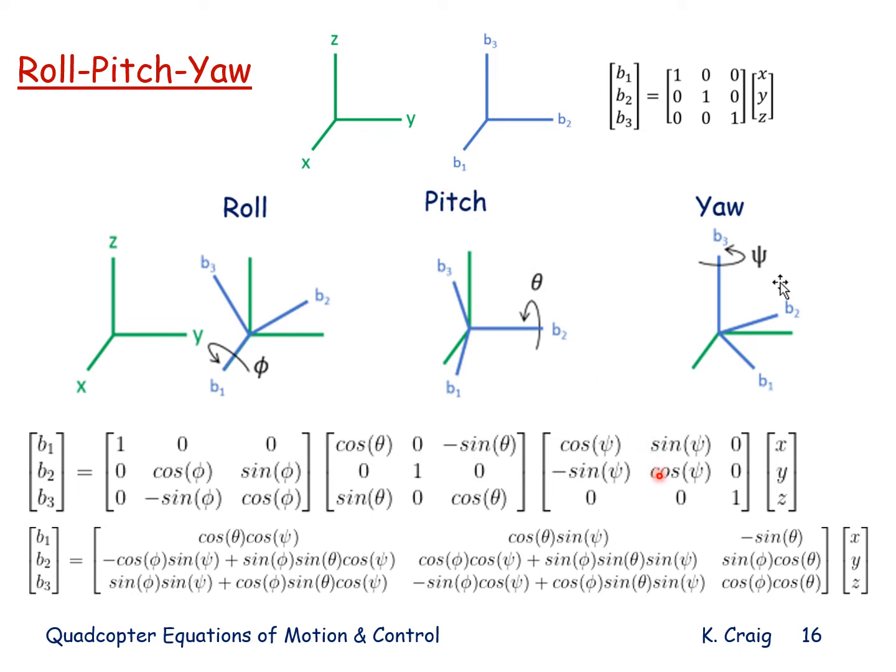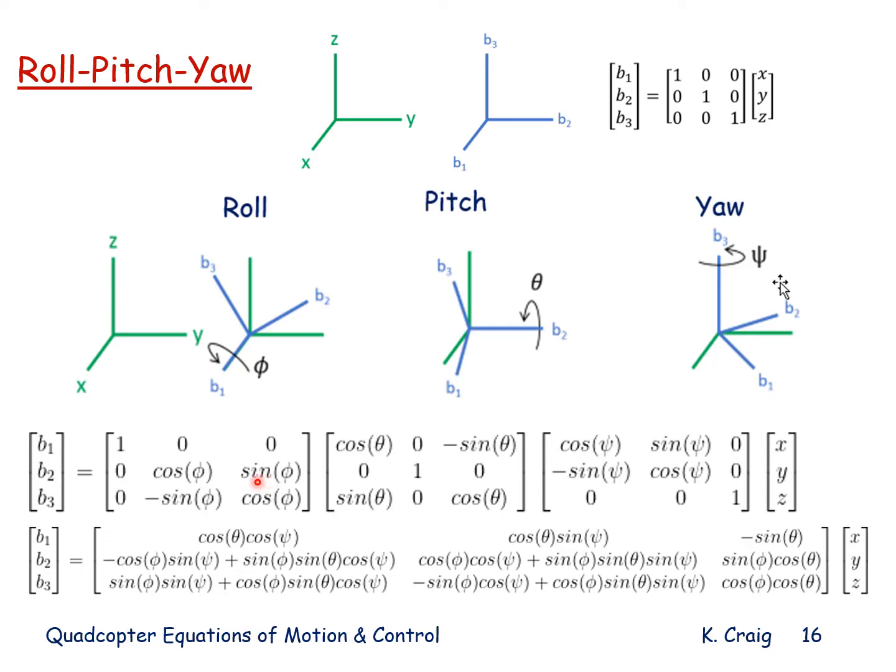This matrix takes me from the inertial reference frame to the R1 reference frame, which is through the change in yaw. This matrix takes me from the R1 reference frame to the R2 reference frame, which is due to a change in the pitch angle theta.